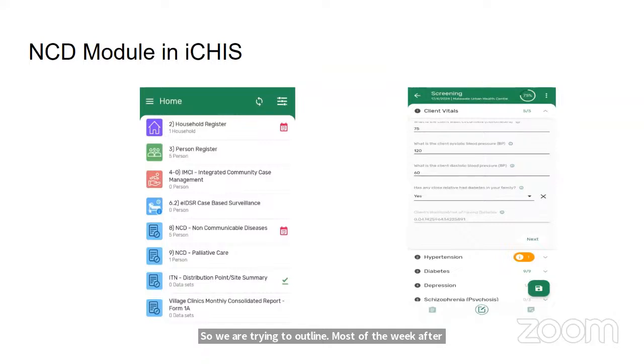And pertaining to screening, these are some of the questions we are looking into. So we do have the screening questions for hypertension, diabetes, depression, and schizophrenia. So this is just a start. That's what we've been working on with UNIMA for the past year, together with CMET, and we're hoping to be concluding this and rolling out later on next year in 2024, 2025.